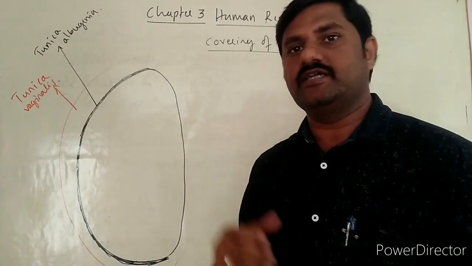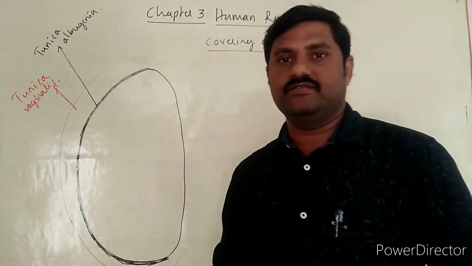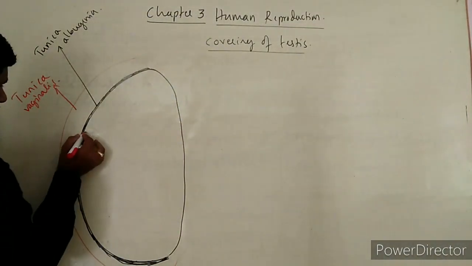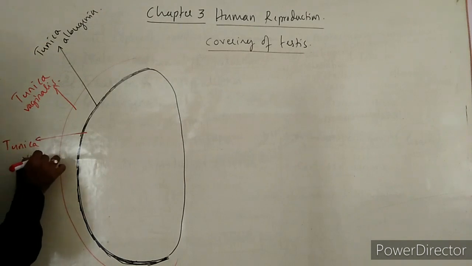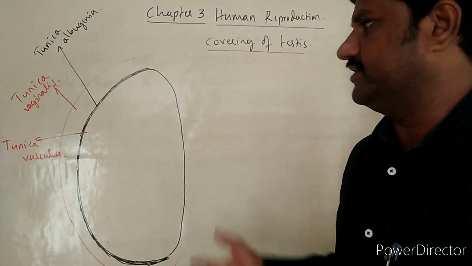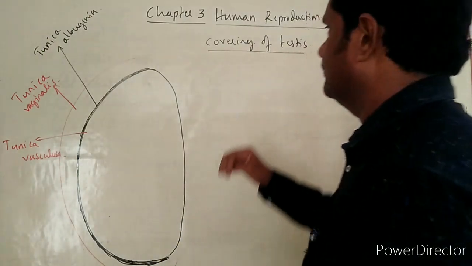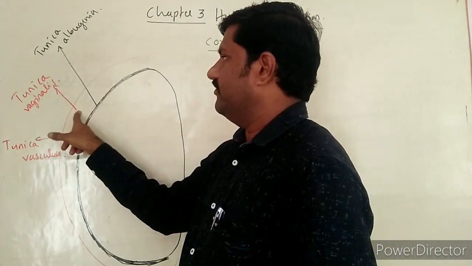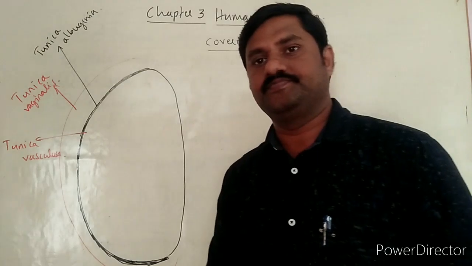Inside the Tunica Albuginea, there is one more layer, called Tunica vasculosa. I am going to highlight that one later. So in this testis we come across three coverings: Tunica Albuginea, Tunica vaginalis and Tunica vasculosa.